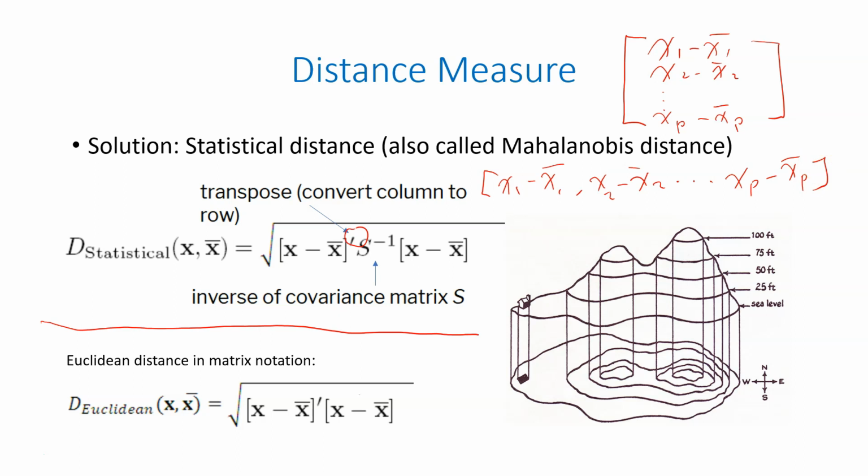In the row form, the covariance matrix S can be easily obtained in Excel using the data analysis tool covariance matrix. The covariance matrix is also called variance covariance matrix because the matrix has the covariance values between the variables in the diagonal and the variance values on either side of the diagonal. The inverse of the covariance matrix can be computed using the MINVERSE function in Excel.